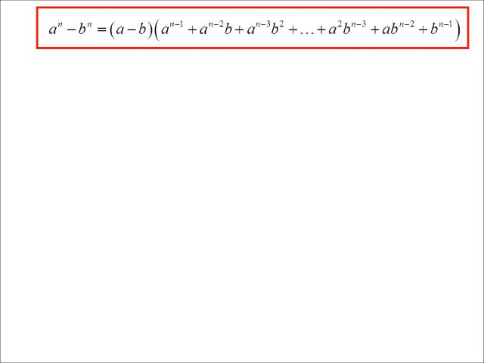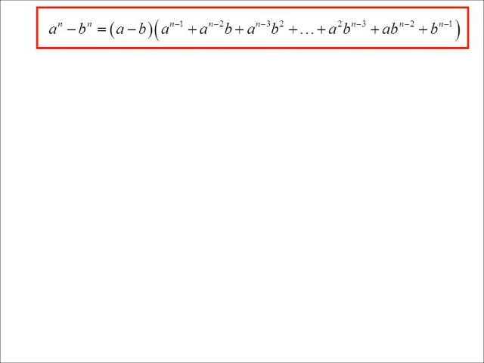Plus minus, plus minus. Because what you're really doing with the odd power is substituting in negative b for b. And negative b to the power of n, if n is odd, is negative b to the power of n, and you get minus minus becomes a plus. Does that make sense, or did I say that too quick? What I'm saying is, it really is the same formula, but you're saying a to the n minus negative b to the power of n.